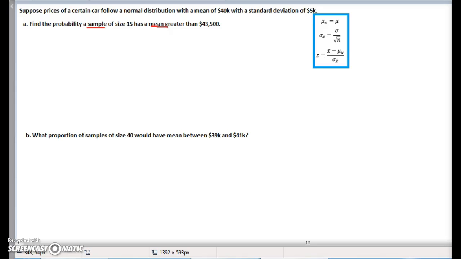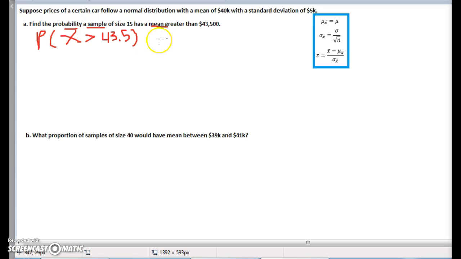So we are going to start with the probability that the sample mean is greater than 43.5. So let's write that out. The probability that x bar, which is the sample mean, is greater than 43.5, which is equivalent to 43,500.